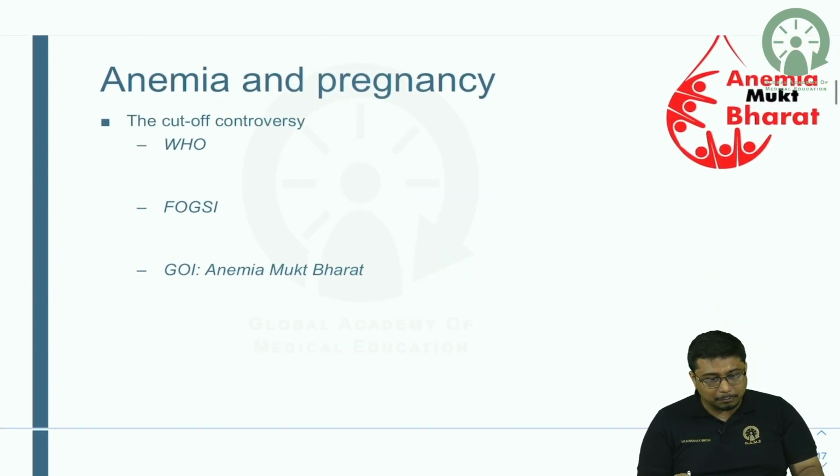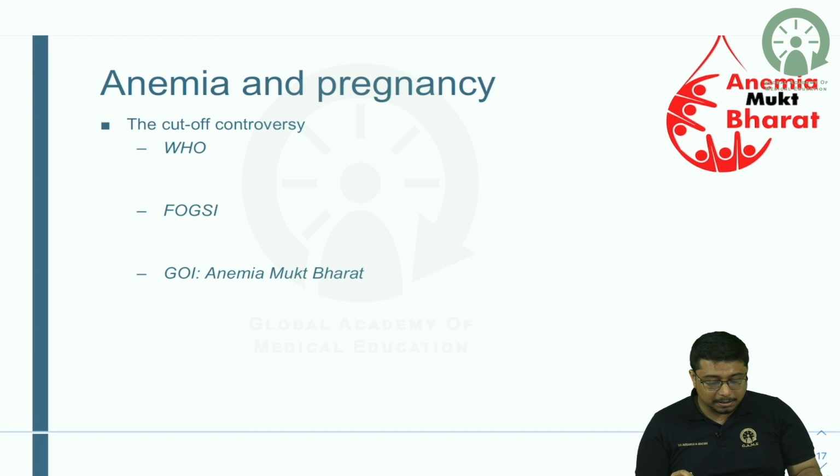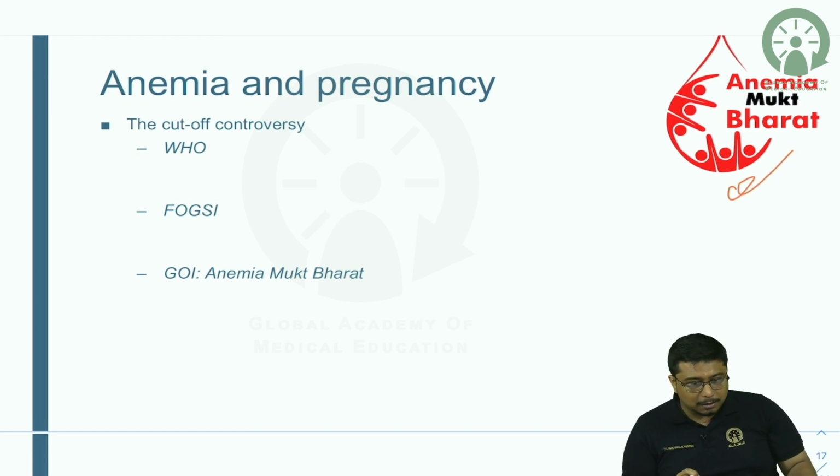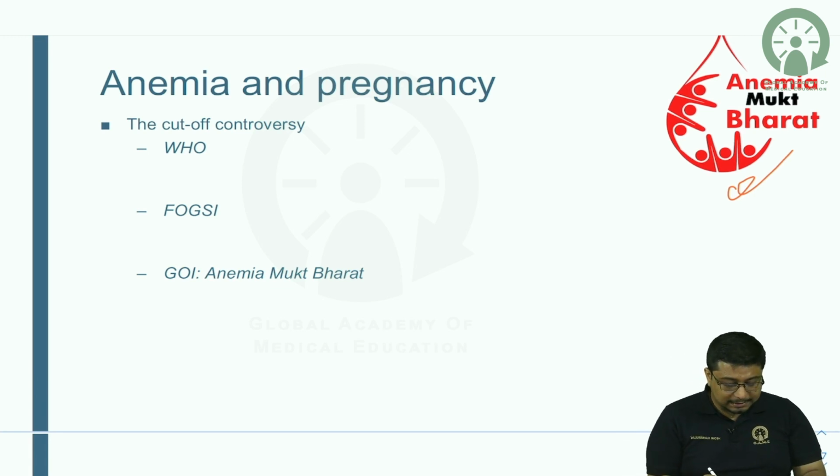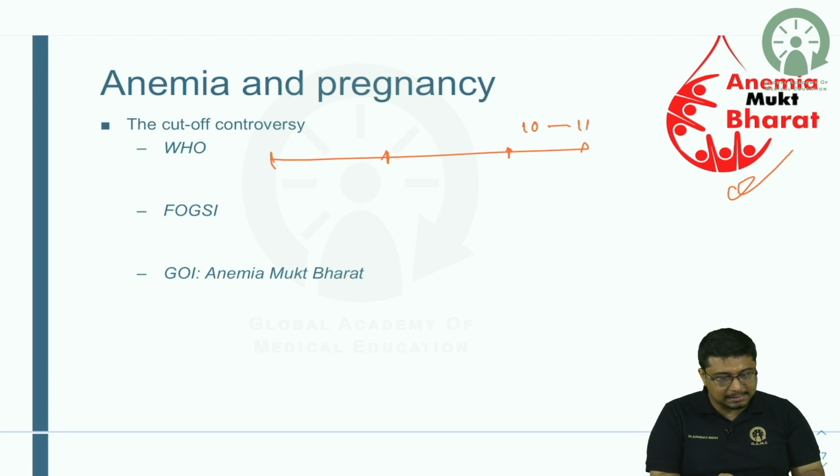So coming to a most important topic, I think, anemia in pregnancy, and remember this, the Anemia Mukt Bharat logo, and this is the government program, and we will just slowly discuss the three cutoffs. So WHO says 10 to 11. 11 is the minimum, that is what everybody says. Below 11 everything is anemia.